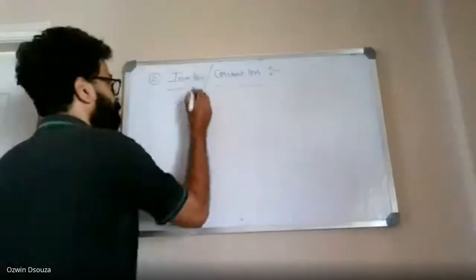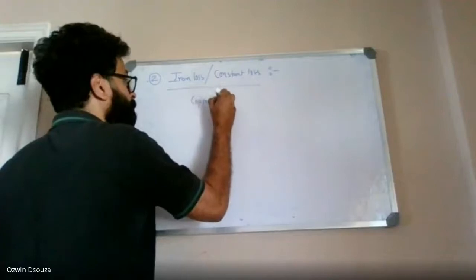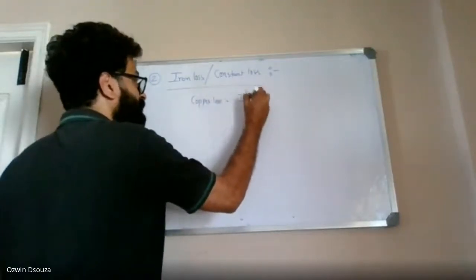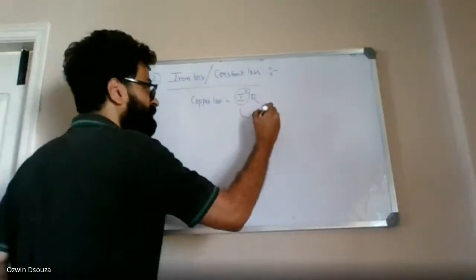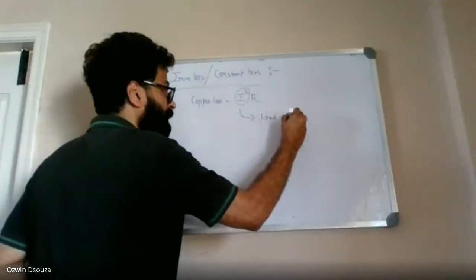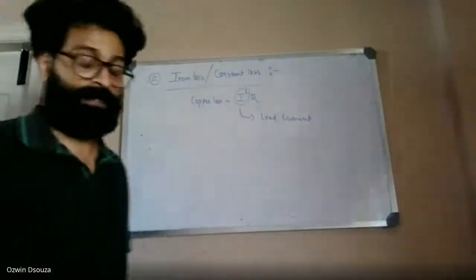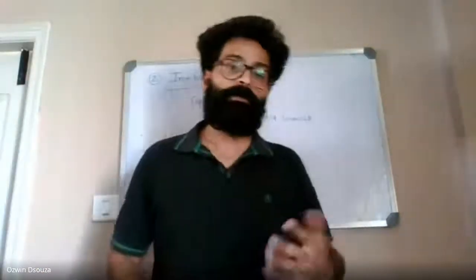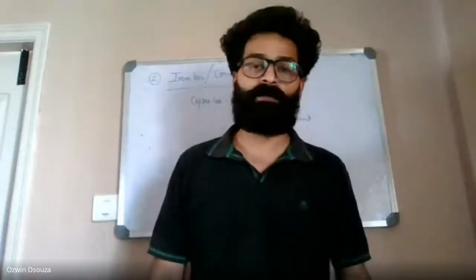Now, copper loss, we found that it is I square into R, where this current I is nothing but the load current. And load current varies, right? When you select smaller load, less current starts to flow.